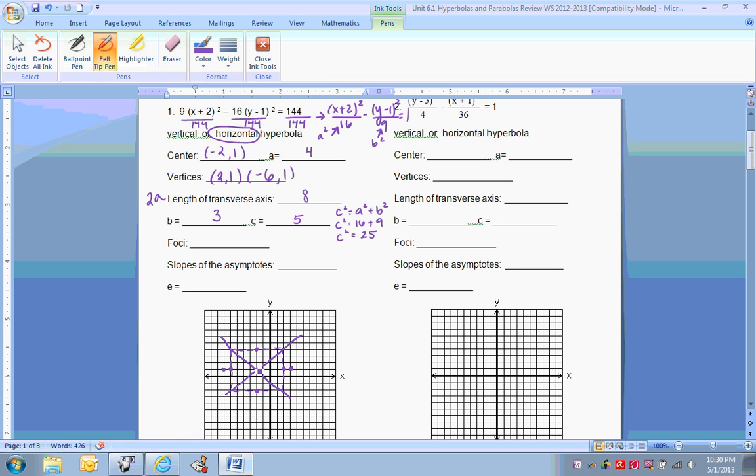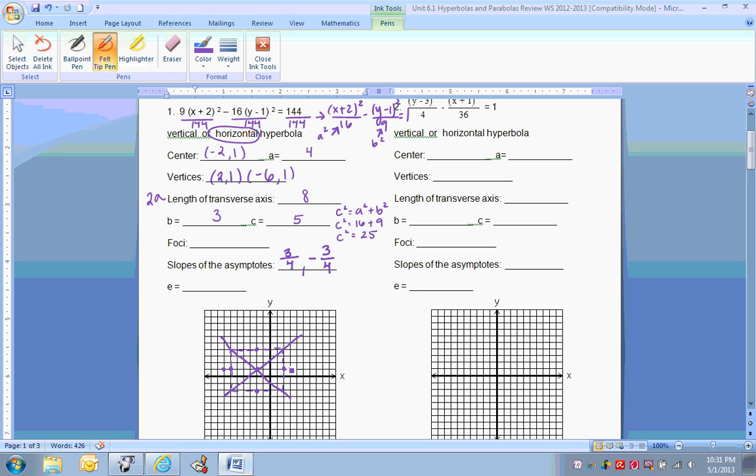Well, slope is rise over run, so I start at my center because that's a point on one of my asymptotes, and from my center I rise 1, 2, 3, and then I run 1, 2, 3, 4. So the slope of my asymptote is 3 over 4. Now that's one line. The other asymptote is decreasing to the right, so that's going to be -3 over 4.